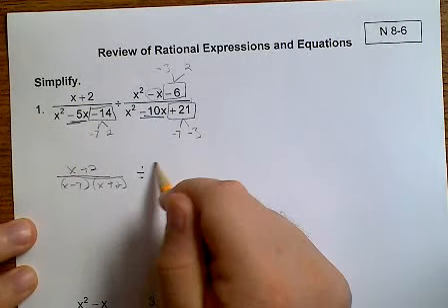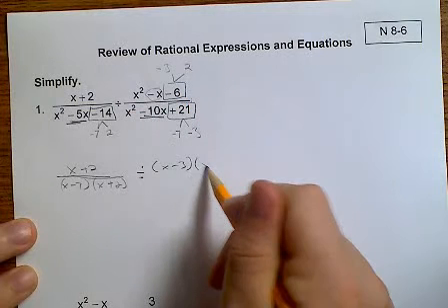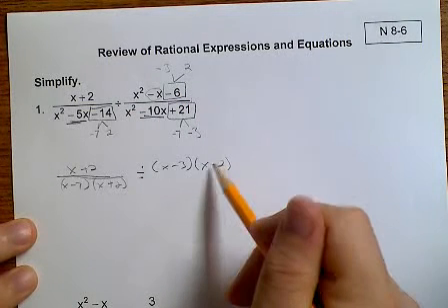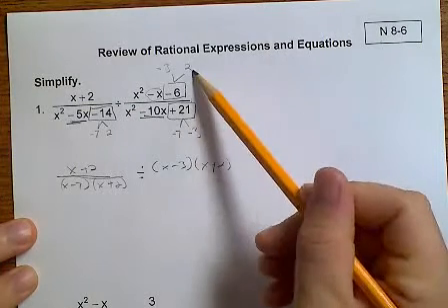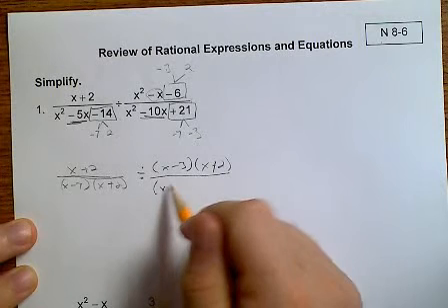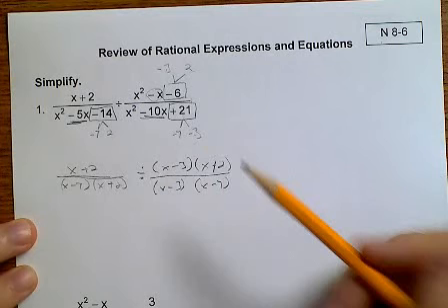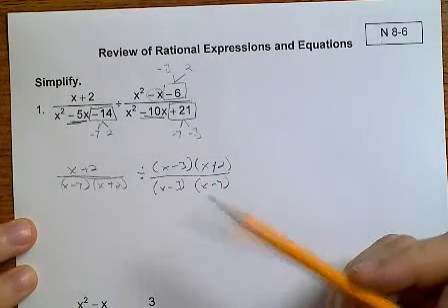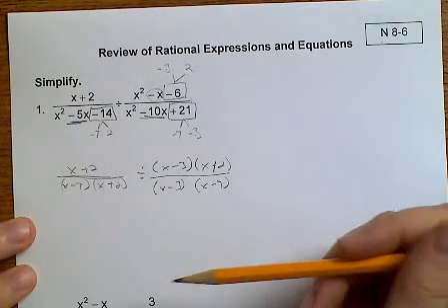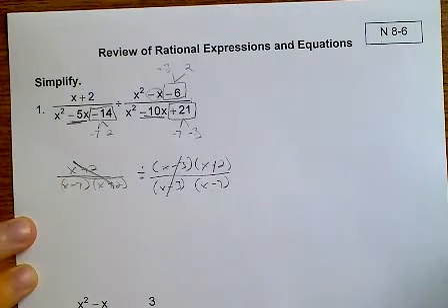This would be x minus 3 and x plus 2 all over x minus 3, x minus 7. Well, before I go any further, I would notice right now that I've got some similar terms. These x minus 3s are similar, and these x plus 2s are similar. So I can go ahead and just eliminate those.